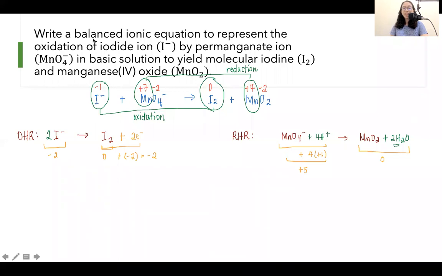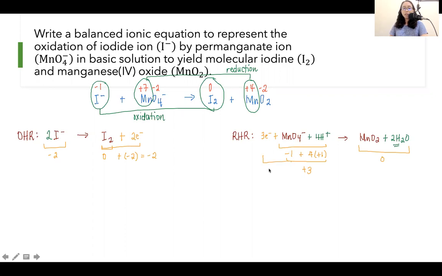Permanganate has a charge of -1. So the net charge or the total charge on the reactant side is not +5, but +3. So to balance the charges, we add 3 electrons on the reactant side.